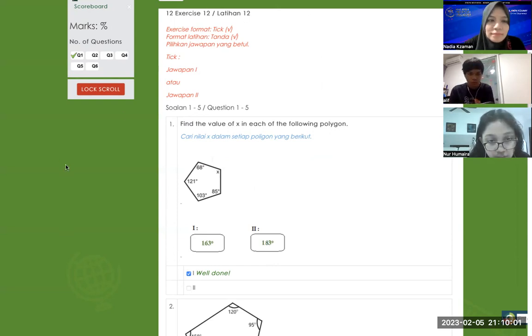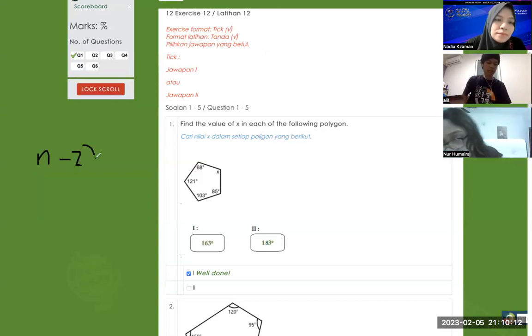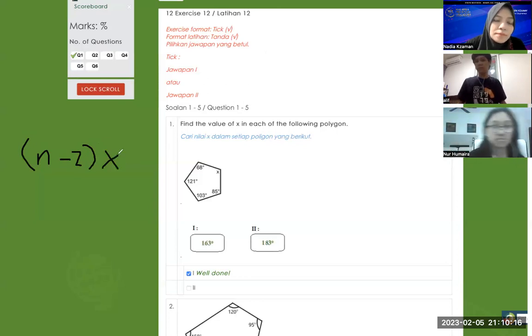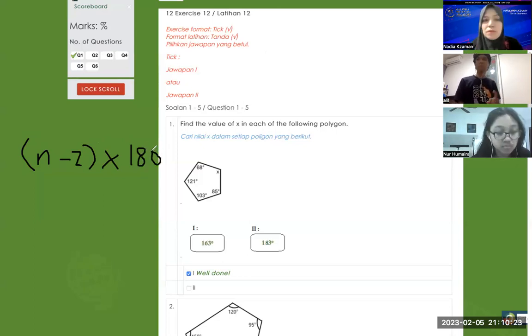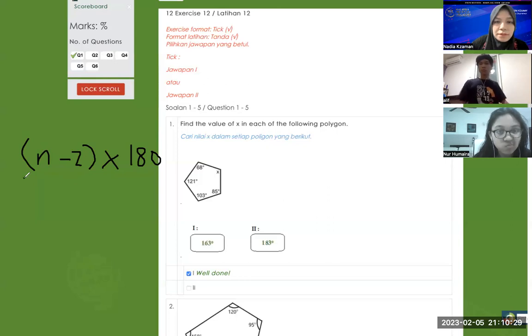N minus 2 times 180. So this is the total of sum of interior. Right.